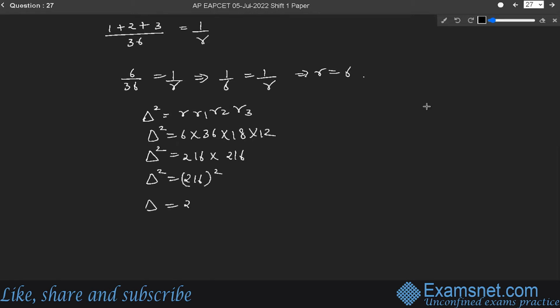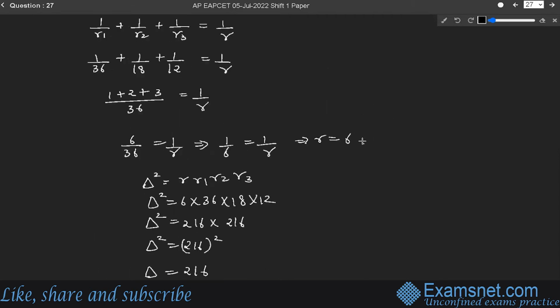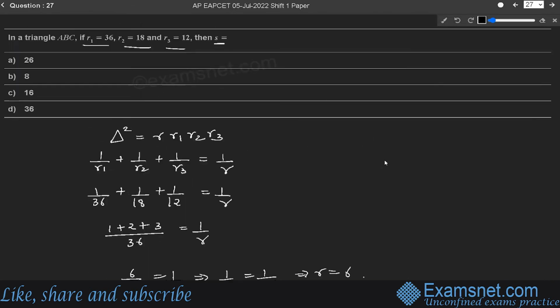Therefore, delta will be 216. Now we have found the area, which is delta. We know that semi-perimeter S is equal to delta upon R. So it will be 216 upon 6. So semi-perimeter will be 36. Therefore, we can say that the value of S is 36. So option number D is the correct option for the given question.